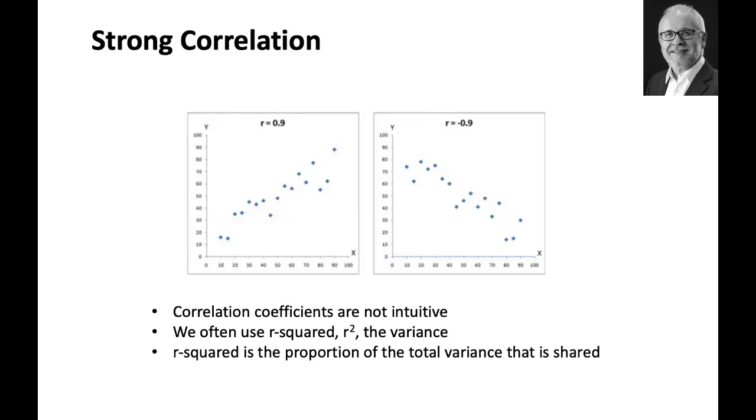So in this case, we've got X and we've got Y. And if we add up all the movement there is on that page, all the left-right movement, that's the X movement, all the up-down movement, that's the Y movement, that's the total amount of variance. And we put that on the bottom of our equation. And on the top of the equation, we put how much of that variance is shared by X and Y. And of course, if they share all of the variance, we are going to have the same number on the top and the bottom, and that's why it's going to equal 1.